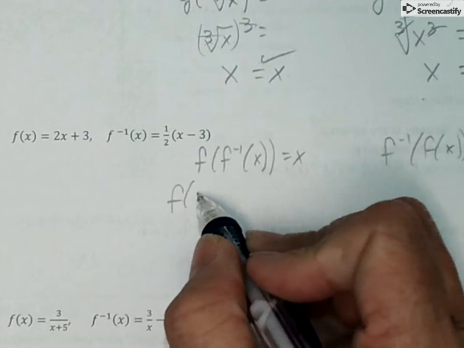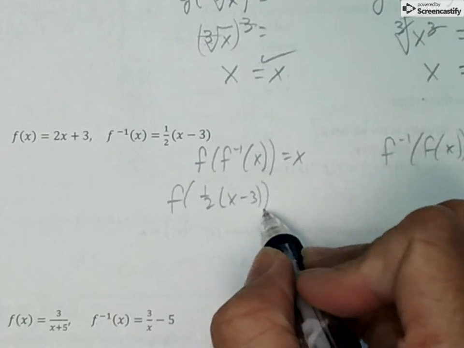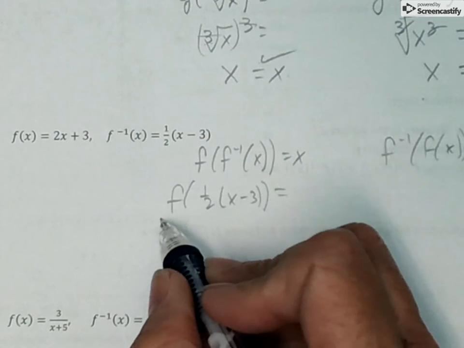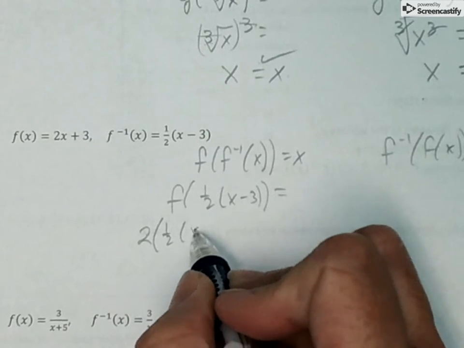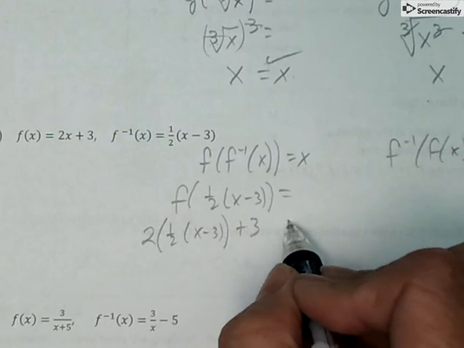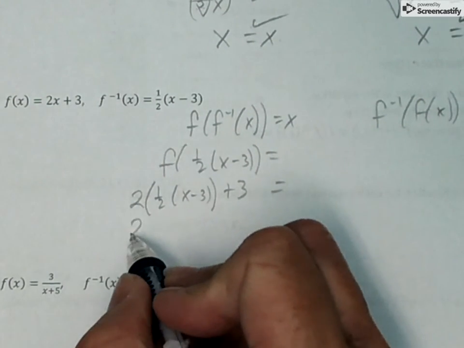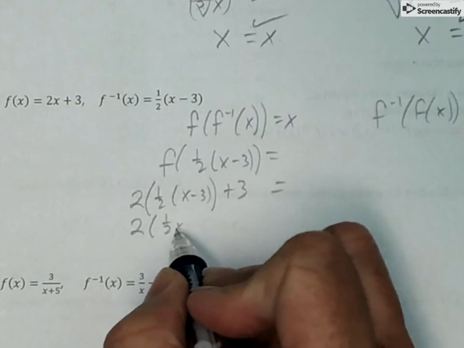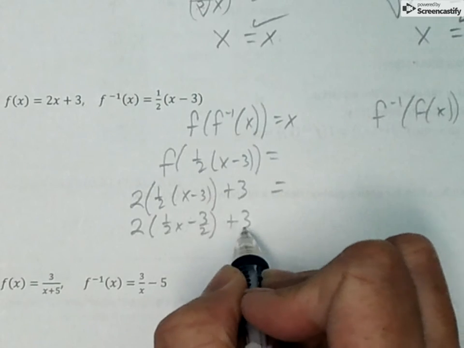F inverse says 1/2 times x minus 3, and I'm putting all of that into f. F says 2 times that amount, so 2 times 1/2 times x minus 3, and I still have to add 3 to that. Okay, this looks messy, but let's go ahead. 2 times 1/2 x, I'm distributing the 1/2, minus 3/2 plus 3.